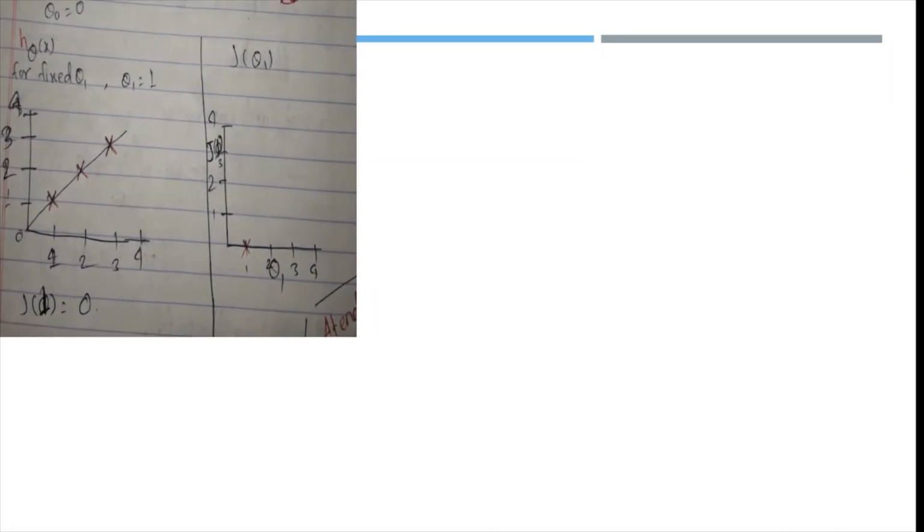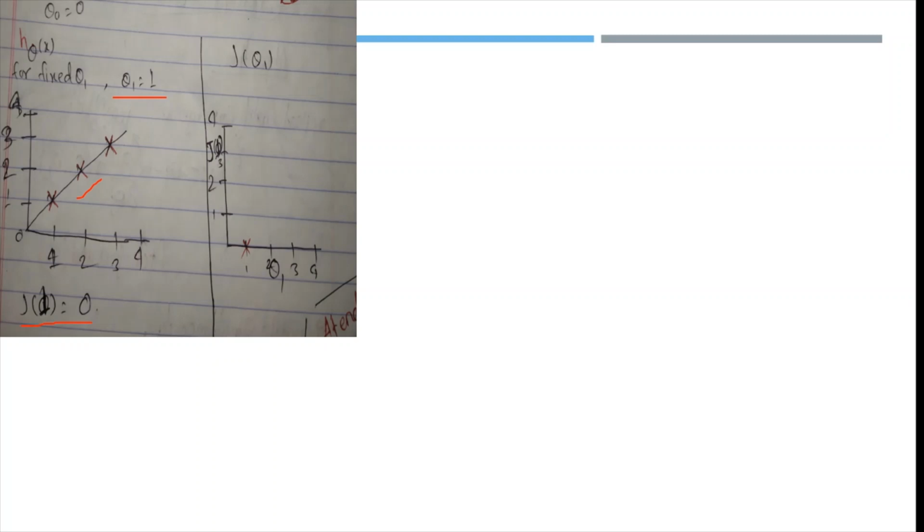For simplicity, consider theta naught equals 0 for this graph and the coming graphs. Now for theta 1, we consider theta 1 equals 1, so over here. We draw our hypothesis line and calculate our cost function.